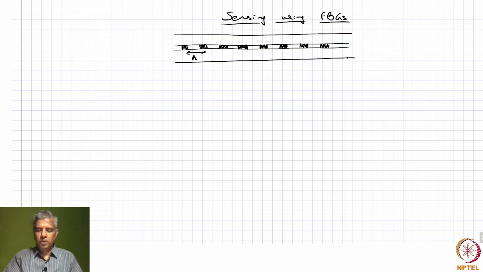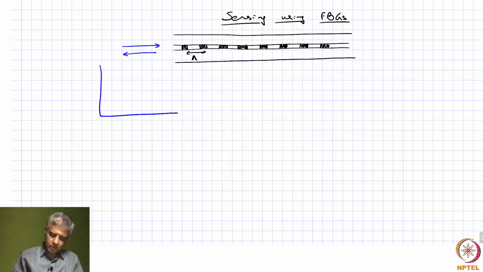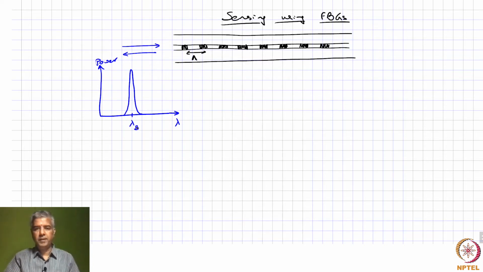We can interrogate this with broadband radiation, and what you get as the reflected spectrum is typically something like this. As a function of wavelength, let's say we have a single peak spectrum, looking at the power as a function of wavelength, and this is happening at lambda B.